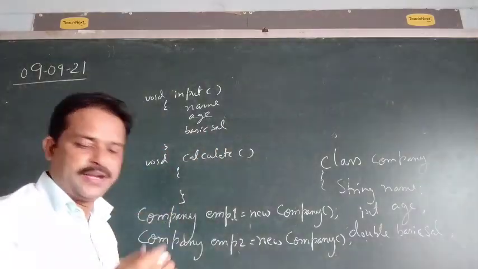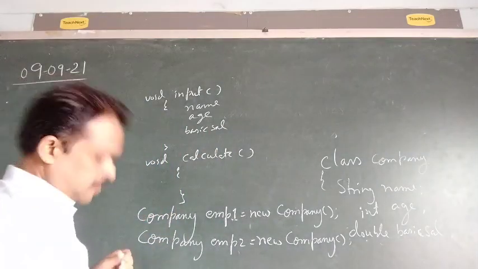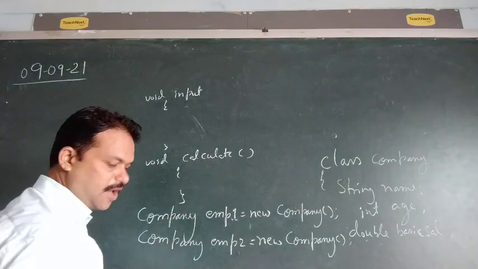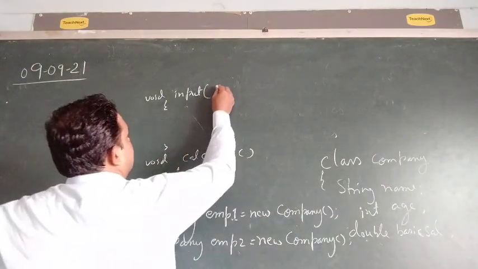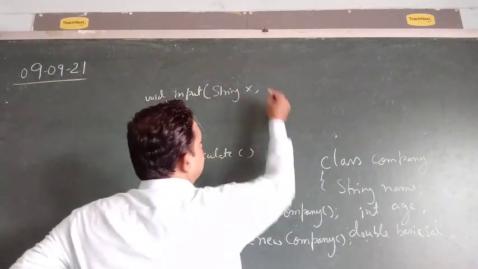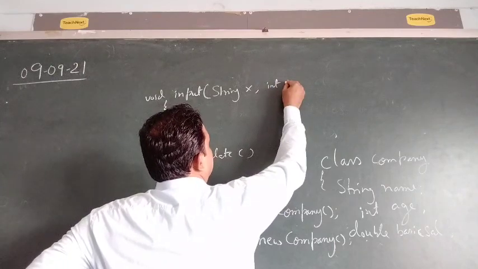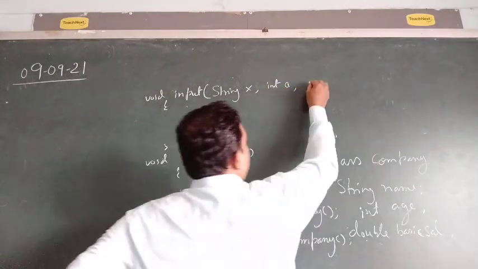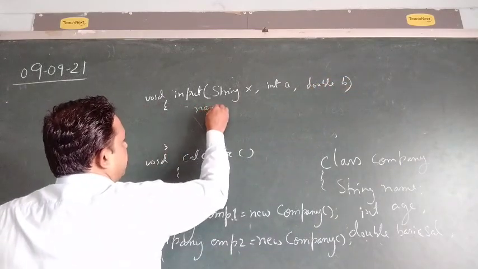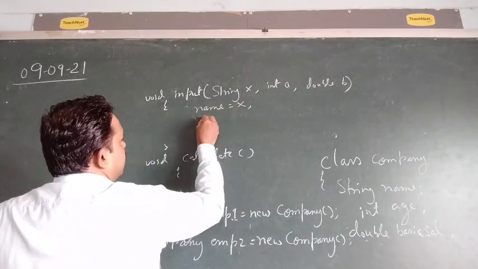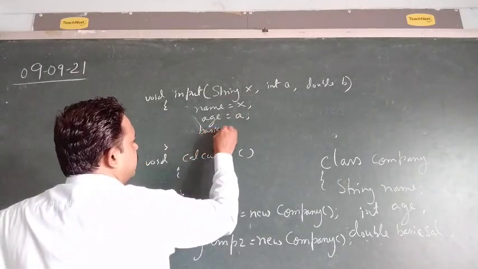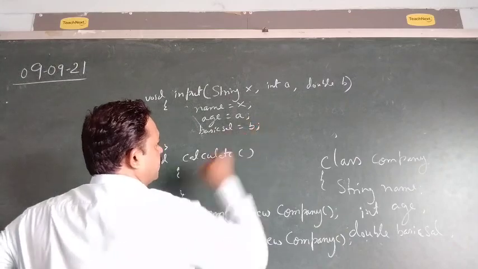To understand the meaning of state, let me take an example. Suppose you have made a parameterized function with string x, int a, double b. So in variable name I am storing the value of x, in age I am storing the value of a, and in the variable basic salary I am storing the value of b.